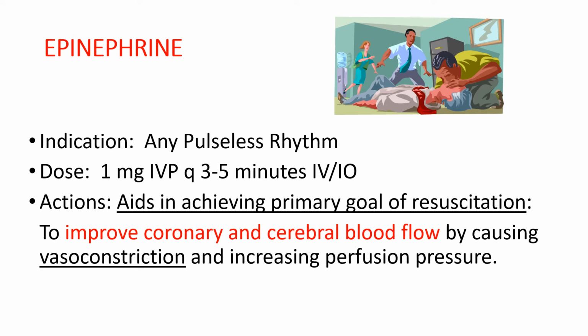But primarily, in a code situation, it improves coronary and cerebral blood flow because it causes vasoconstriction, and therefore increases perfusion pressure and basically helps the CPR that is given. So you're giving good CPR and you're perfusing, but you need to vasoconstrict those blood vessels to help with forward flow and better perfusion. So epinephrine is basically supporting CPR, good CPR.